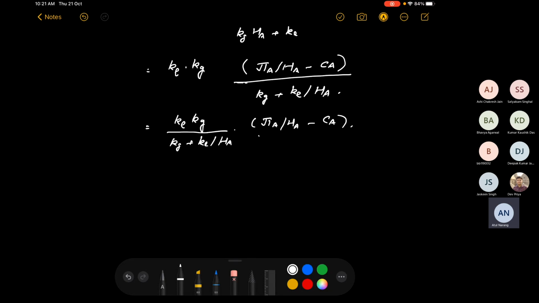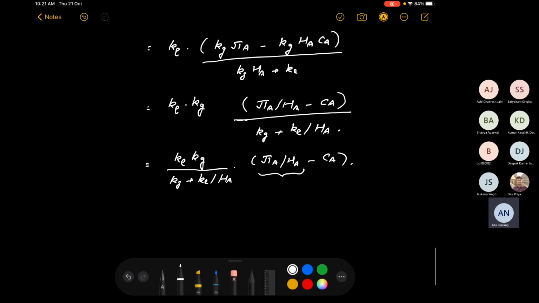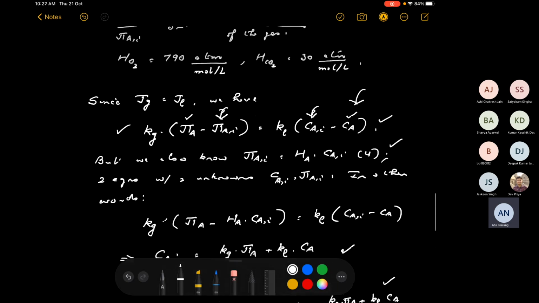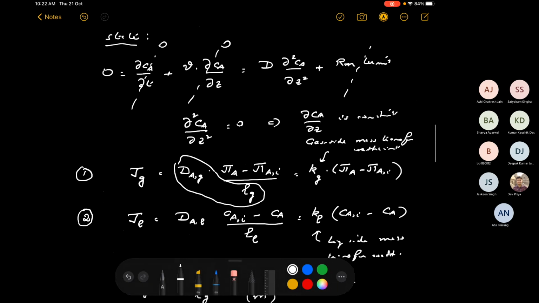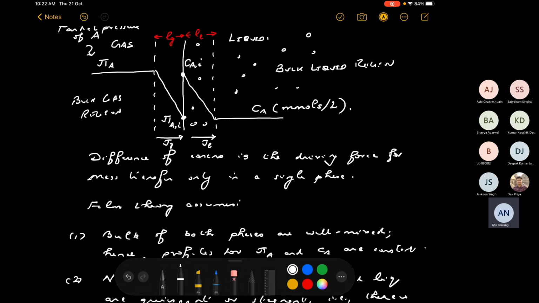Now, here is the important point. What is this quantity? Now, this quantity is a concentration in the liquid phase. So recall that pi A, going back here, was the concentration of the gas A in the bulk phase of the gas.